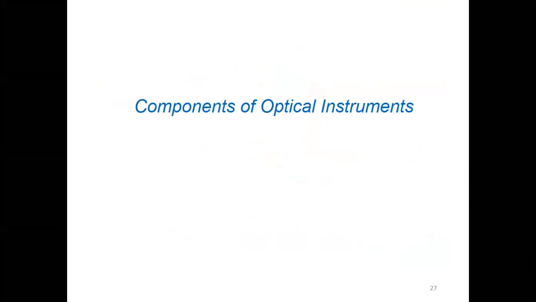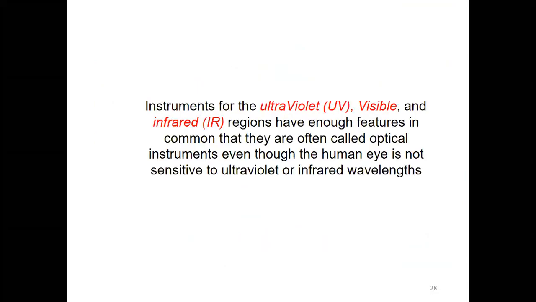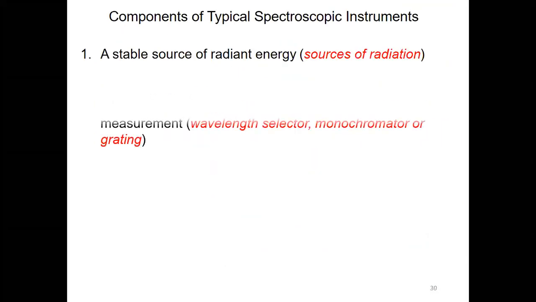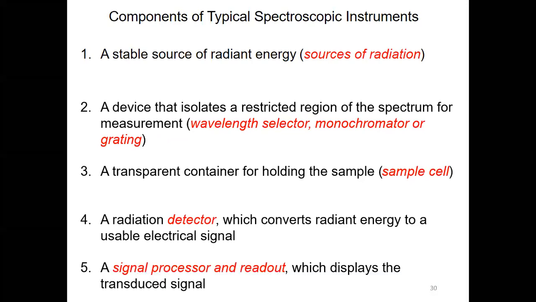And also we started to discuss the main components of the optical instruments, and there we already discussed last week the sources of radiation and the wavelength selector, monochromators and grating. So today we have to discuss the sample cells, detectors and signal processors.